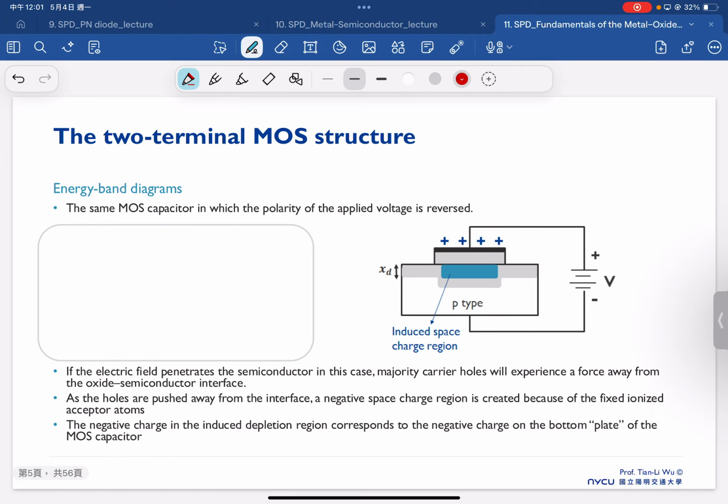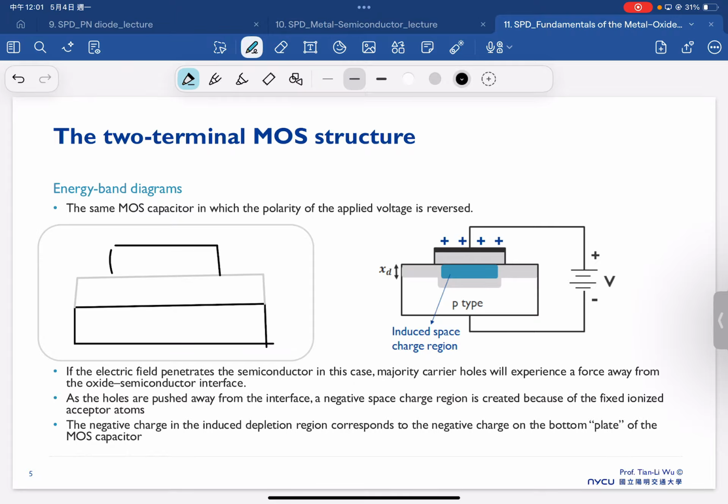Now the same phenomenon, but we apply the reverse bias: positive bias on top and negative bias on the bottom. So now we have the dielectric and metal, with positive bias on top and negative bias on the bottom, so you have positive and negative here.